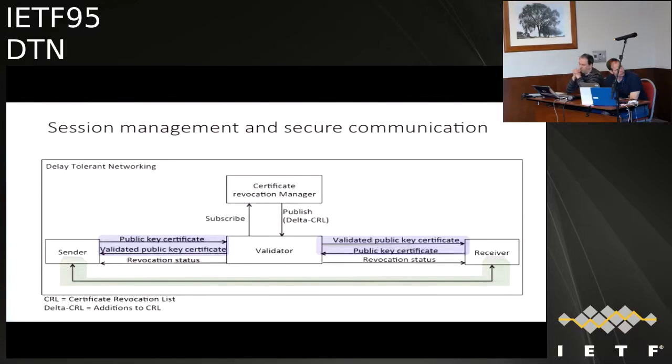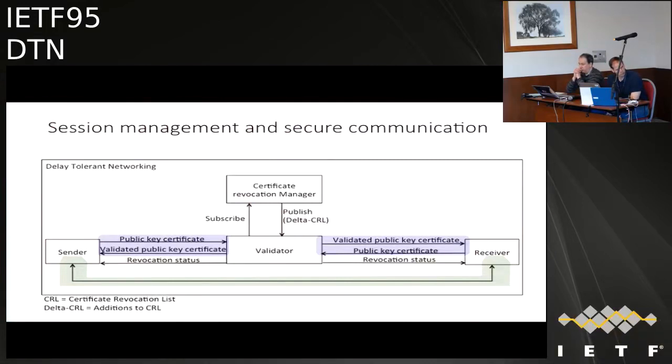At this point, that's on the left-hand side between the sender and validator. The validator checks if the public key certificate of the sender is valid, both cryptographically as well as in time, that is, it has not been revoked. And if such is the case, it appends an authentication and sends a validated public key certificate to the receiver.